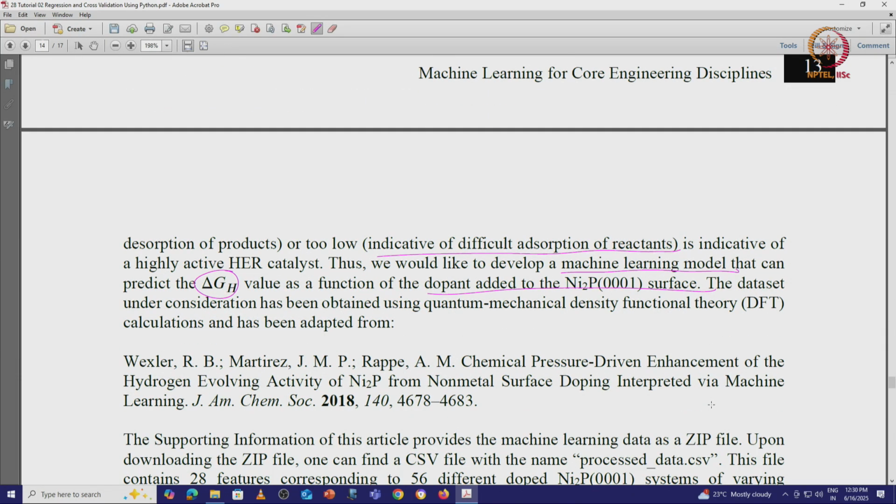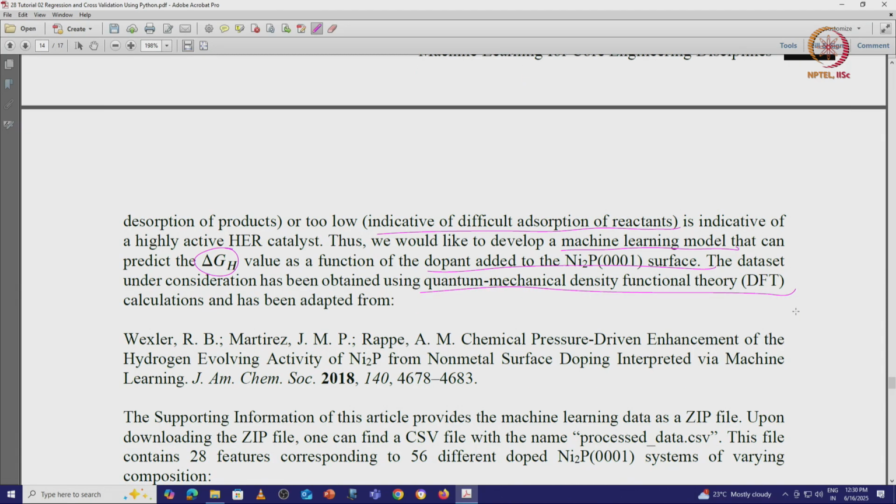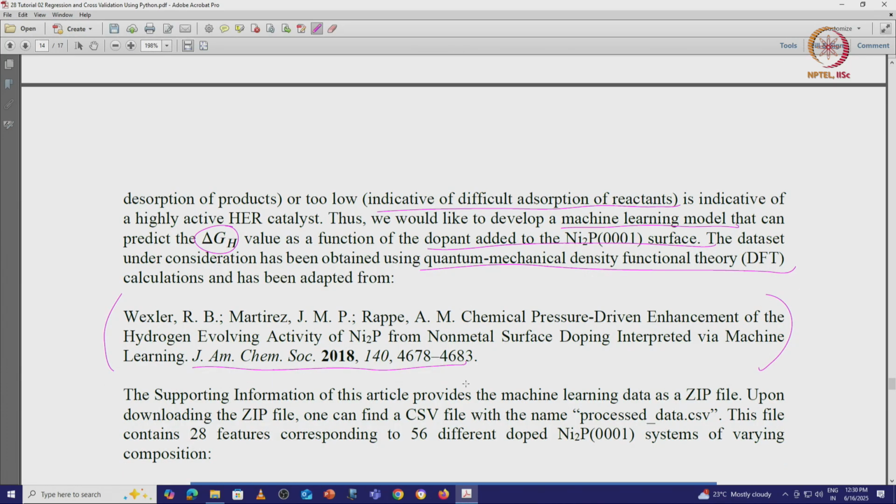Okay. So the data set under consideration has been obtained using quantum mechanical density functional theory calculations, and it is derived from a paper published in the Journal of the American Chemical Society in 2018.